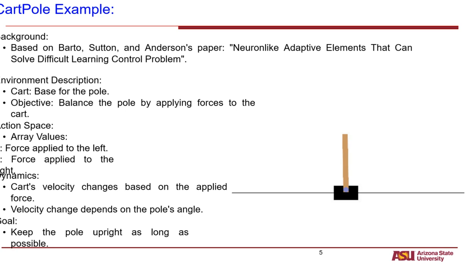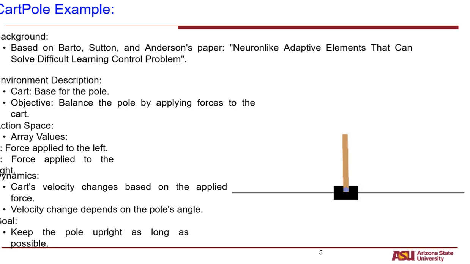I have heard that Barto, Sutton, and Anderson's inspiration behind taking this example was seeing a juggler in a circus. So that's a fun fact about this example and the paper.